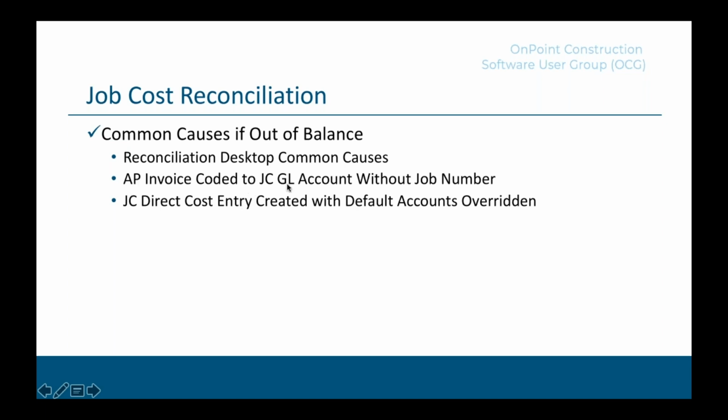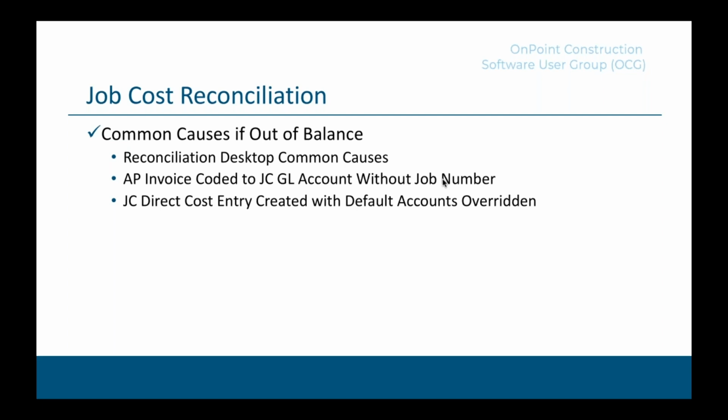AP invoice coded to job cost without a job number. So if usually your cost of sales numbers are in 5,000s, let's say in accounts payable you coded an invoice to a 5,000 account number, but you don't have a job number with it.